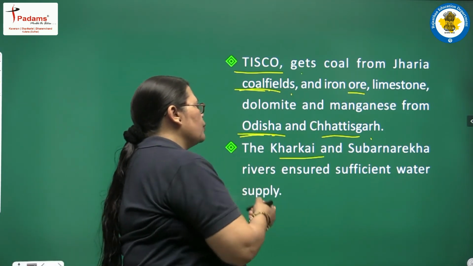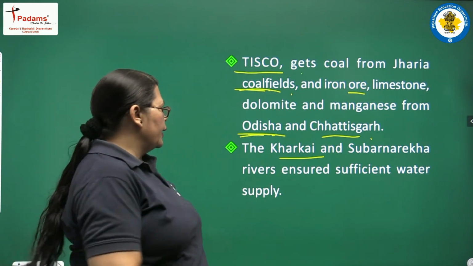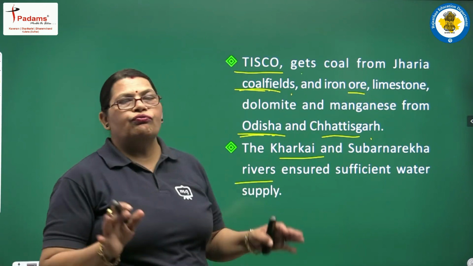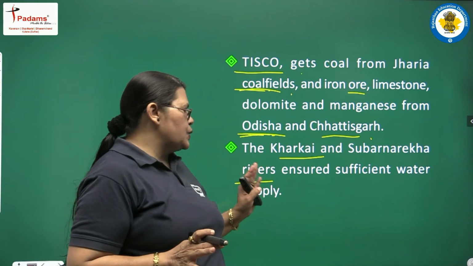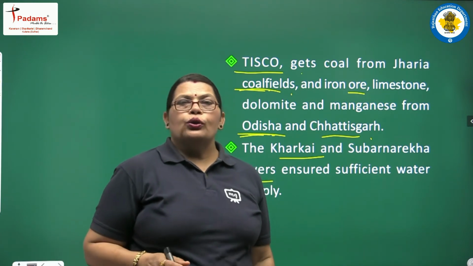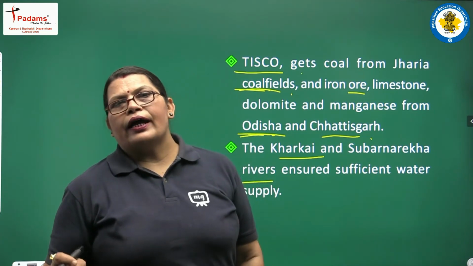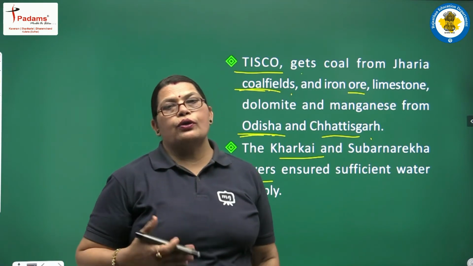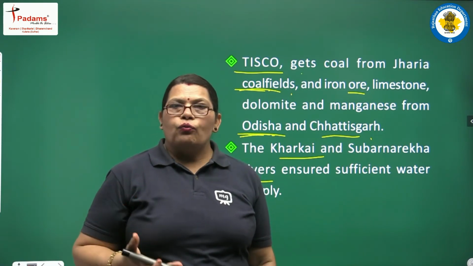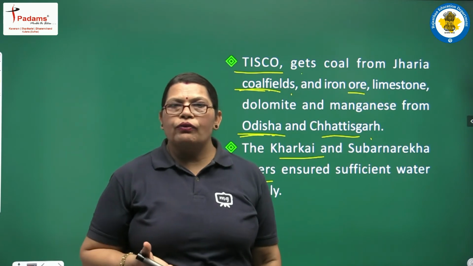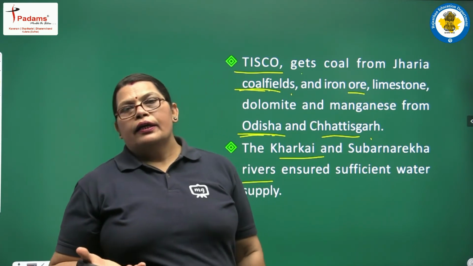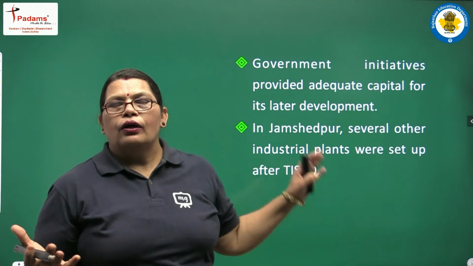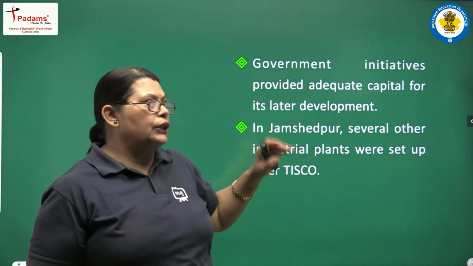The Kharkai and Subarnrekha rivers ensured sufficient water supply to TISCO. So that is the main reason why TISCO was established there, because raw material, water, power, and manual labor were all sufficient for the preparation of steel.